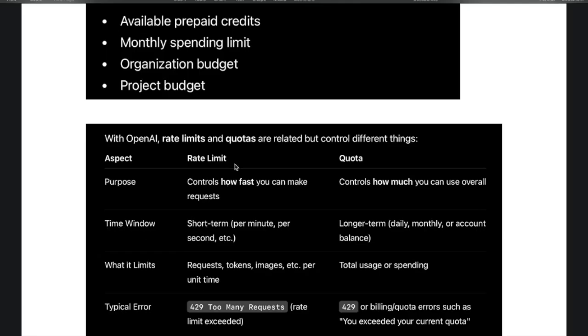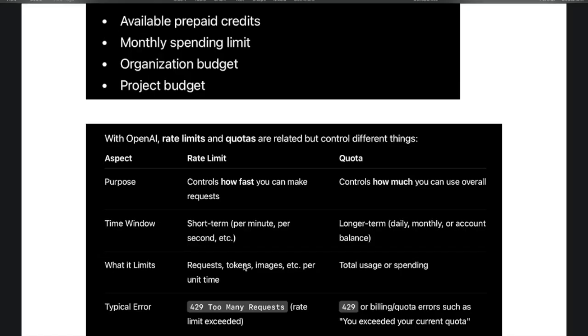So the time window is short term for rate limits, like per minute or per second. But for quota, it is longer term, like daily, monthly, or account balance. What does it limit? Rate limit limits your number of requests, number of tokens, or images or audio, whatever you are using per unit time. That's rate limit.